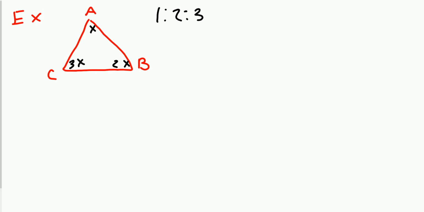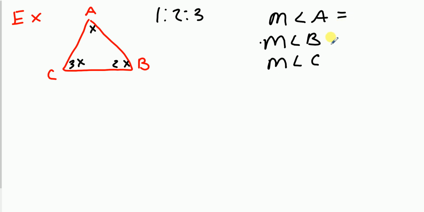Okay, so if I asked you to find the measure of each of these angles, so we're looking for the measure of angle A, measure of angle B, and measure of angle C. Right?